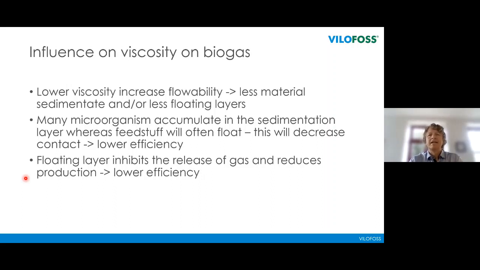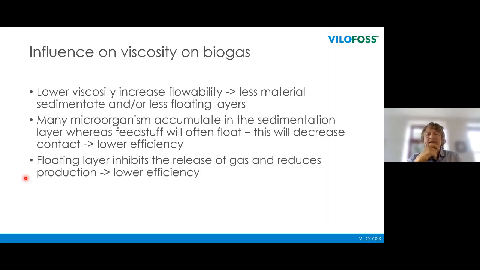And you'll see that we reach a more homogeneous slurry in the biogas. That is important because often many microorganisms accumulate in the sediment layer, whereas the feedstuff is in the very top. If we need a high production, we need to make sure that the feedstuff and the microorganisms have contact with each other. Otherwise, we will have a low efficiency.